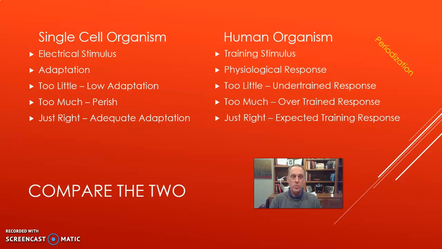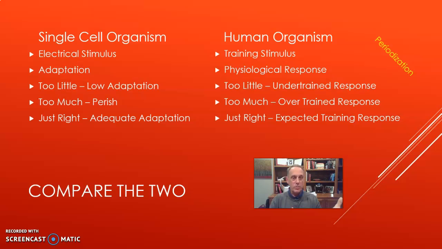On the right side, too low, you'll have an undertrained response. You won't have the optimal adaptation to training. If you have too high of a stimulus, whether it's too frequent or too high of a voltage, if you will, the single-cell organism would perish. If it's too much over on the right-hand side, the person won't drop dead from overtraining.